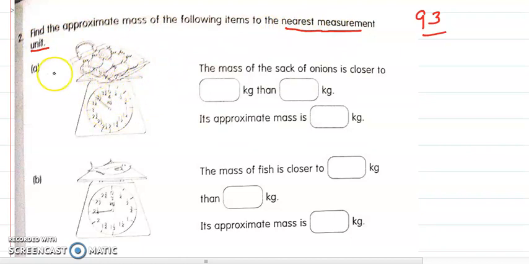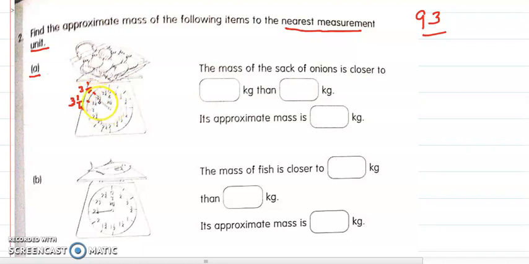Like in the first question, you can see a sack of onions is placed on the mass scale and the pointer of the mass scale is pointing between 3/4 and 3/2. This one is 3/4 and this point is 3/2.